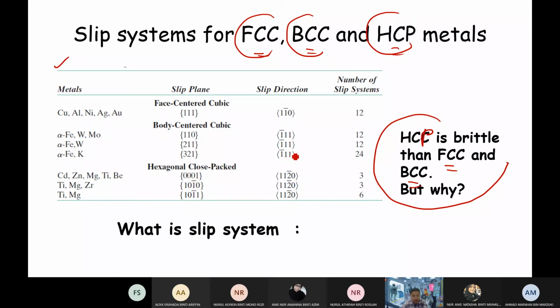This is something that we can relate to the slip system. Okay, you tengok dekat sini. If you look at this value, can you give a reason why HCP is brittle compared to FCC and BCC? Nampak tak number of slip systems here? What can you conclude if you look at this number? Kenapa HCP lagi brittle daripada FCC dengan BCC? Anyone?